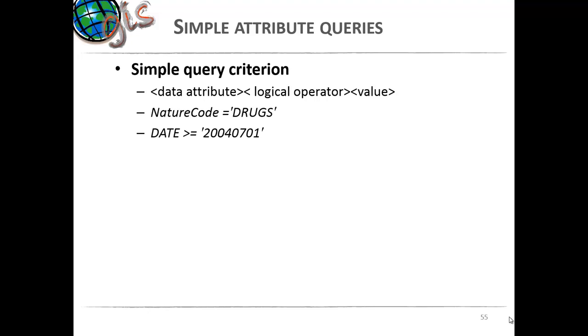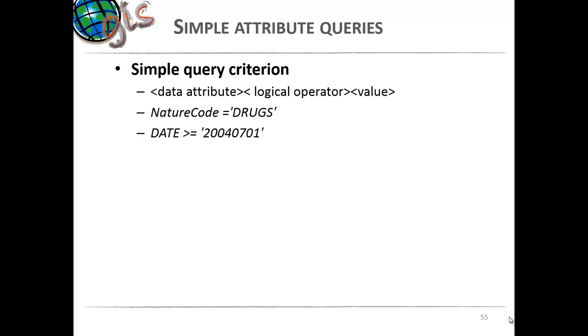For example, in the 911 call point data we just saw, nature code, or the type of crime, is equal to drugs is a simple query asking the map to spit out the data where the nature code is equal to drugs.